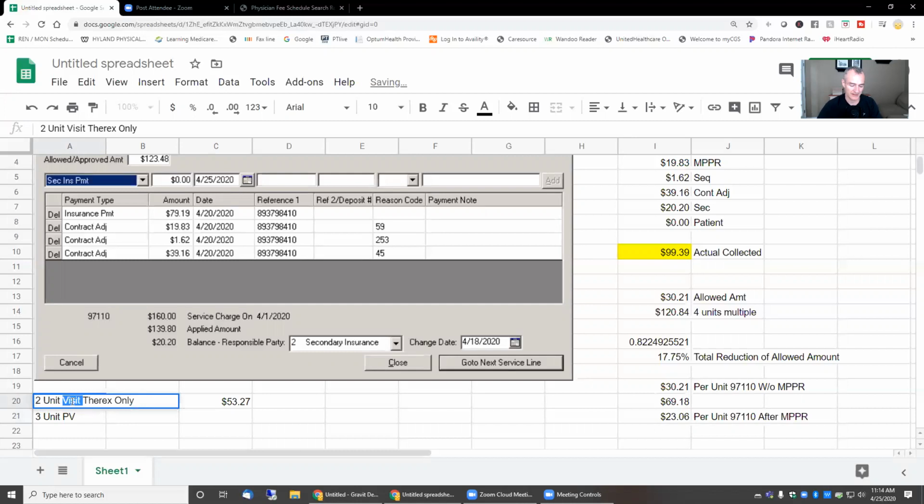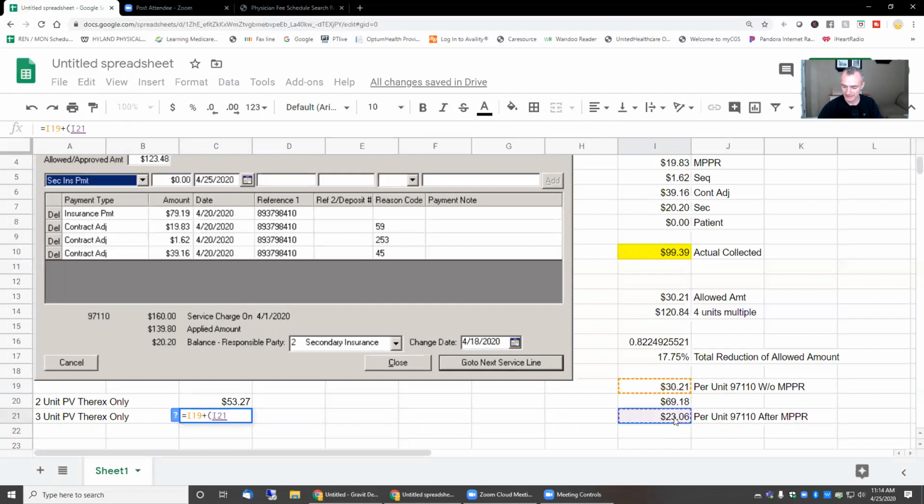So let me use the actual, and then this is Therex only. So that's going to be equals this plus parentheses this times 2. Then obviously 4 unit, it's going to equal this.